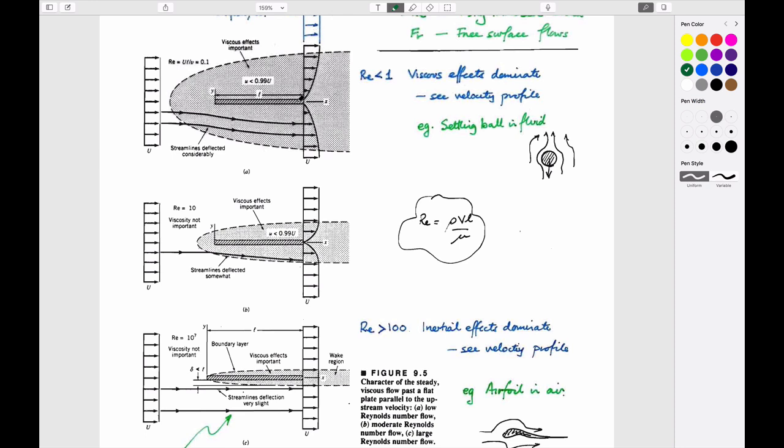But if you have viscous flow, then you have this very slow change in velocity as you get far away from it. And it's this which reflects the importance of the viscous flow, because we know from Newton's law of viscosity that the shear stress applied is equal to the viscosity times the change in velocity in the x direction as we go in the y direction. This is y.